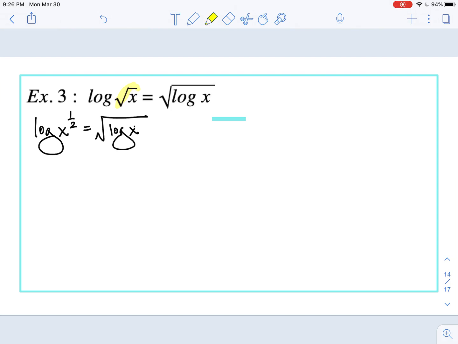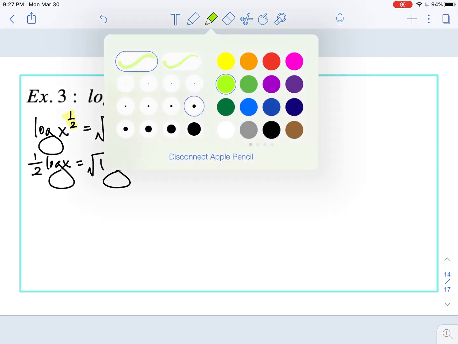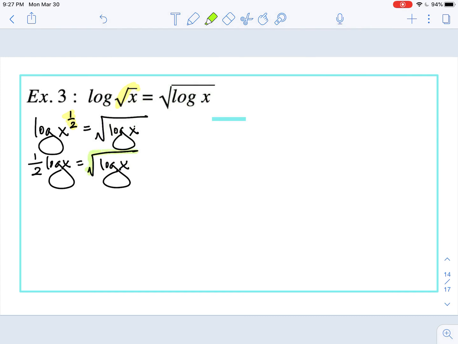The other thing that I know about my power is once I have a power, I can bring it down as a coefficient. And so that's going to give this left-hand side to be 1/2 log x equals the square root of log x. Now, how do I get rid of this square root situation? I can get rid of a square root by squaring one side.